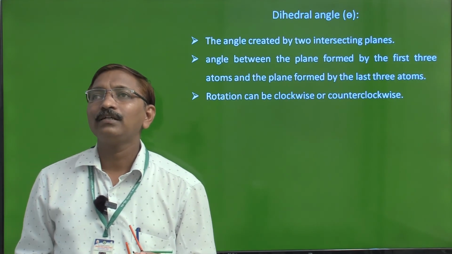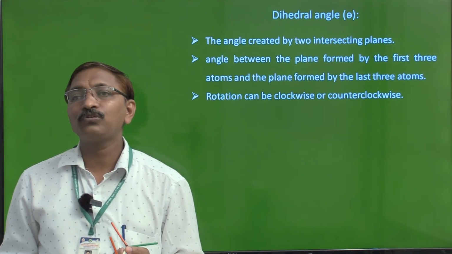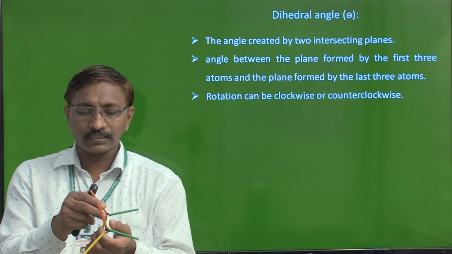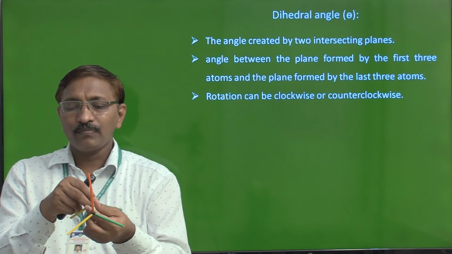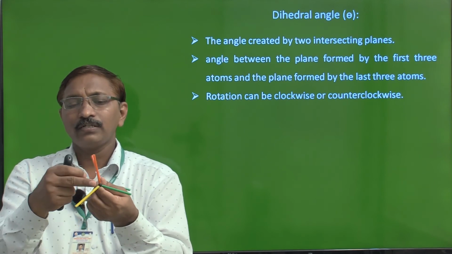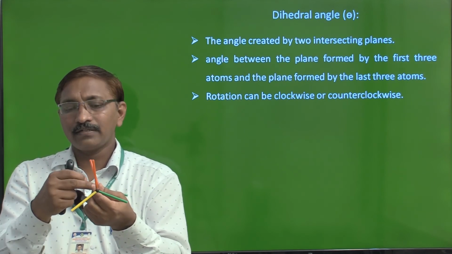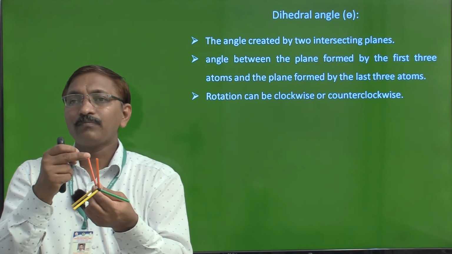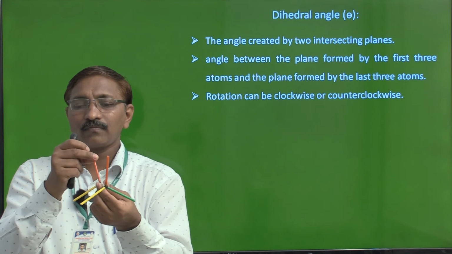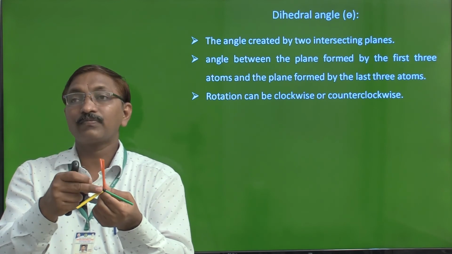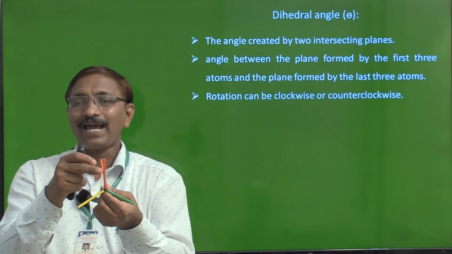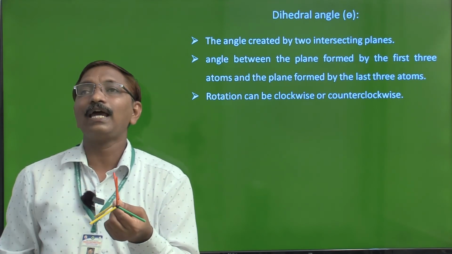It is the angle created by two intersecting planes. One plane is formed by the front carbon atom, hydrogen, front carbon atom, carbon, and rear carbon atom. The second plane is the rear carbon atom, hydrogen, rear carbon atom and front carbon atom. These two planes form an angle, called the dihedral angle.